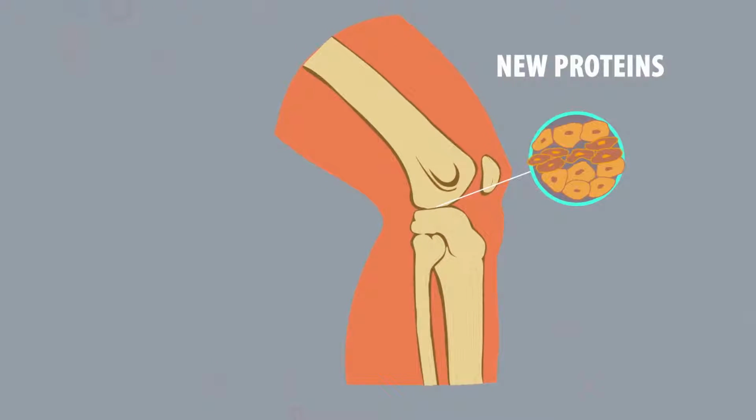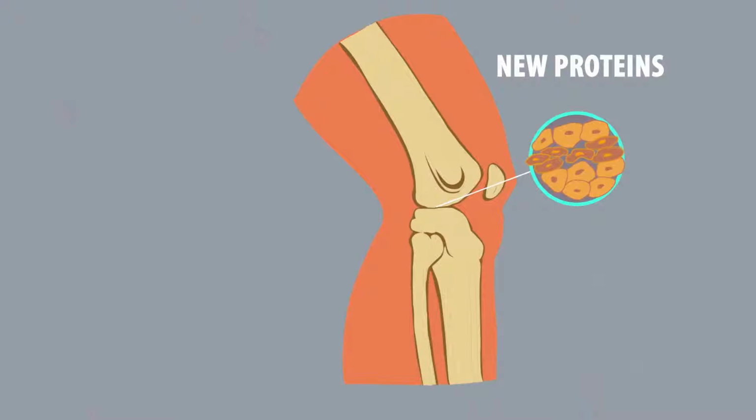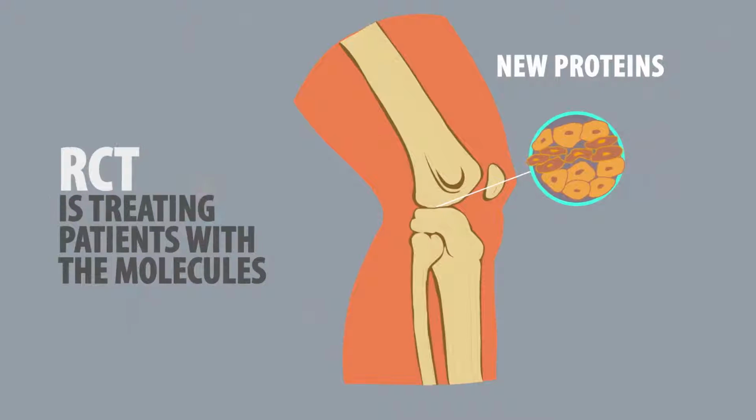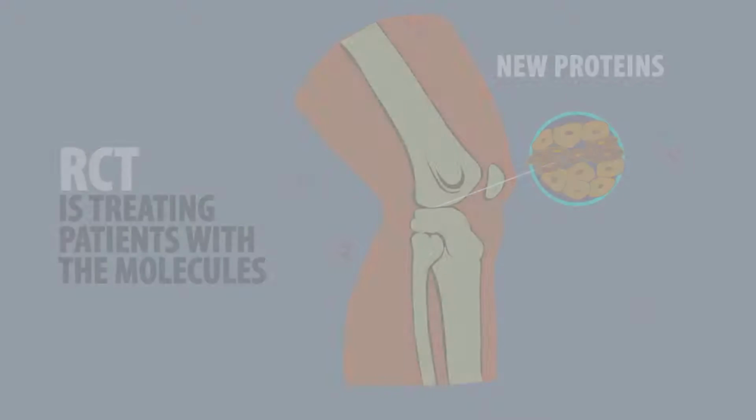This reanimation of cells has been observed in numerous patients, even after only a few applications of the treatment. The signaling information in the new protein is a fundamental reason why RCT is treating patients with the molecules produced in that crucial embryonic stage of the development.